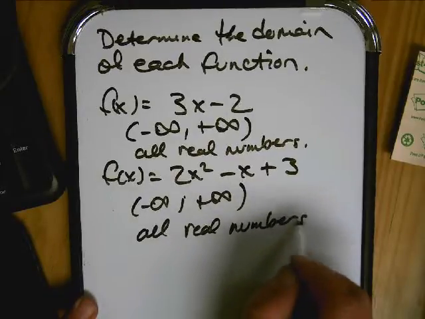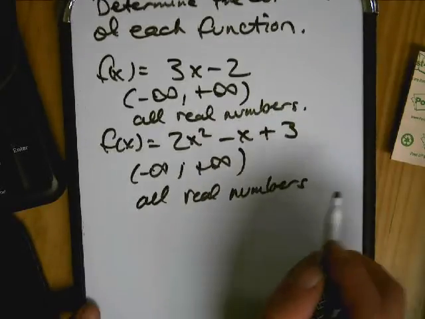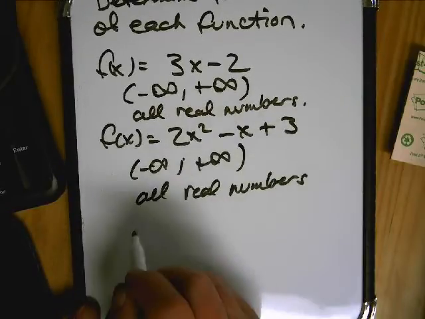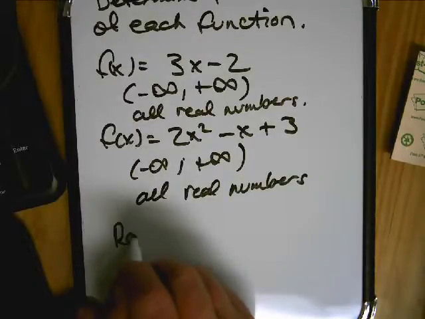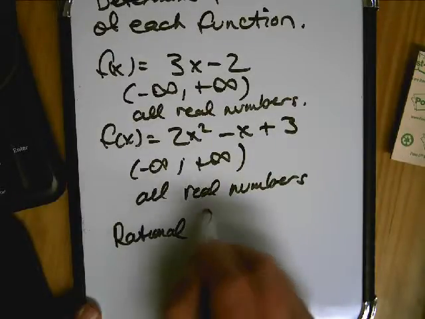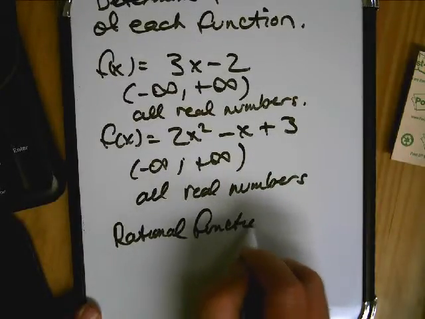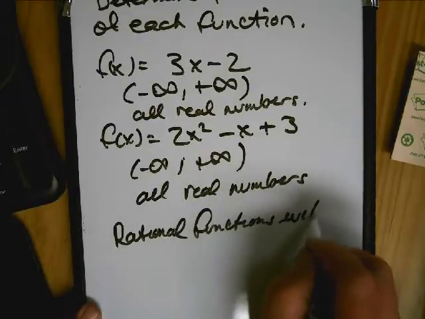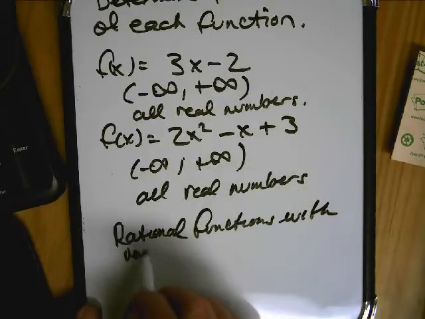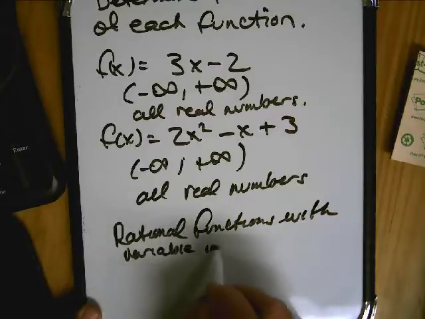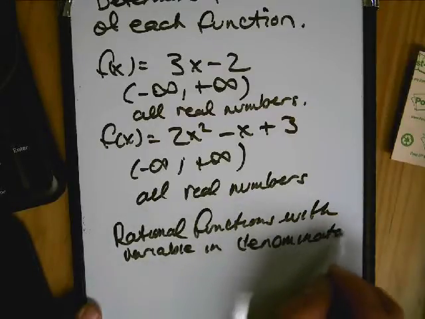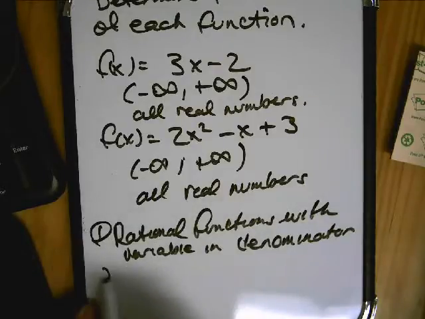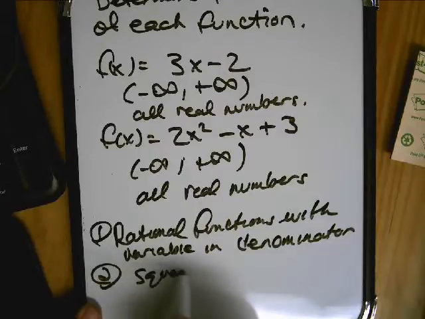Remember, you only have two operations that have restricted domains. And that is rational functions with variables in the denominator. And second, square root functions.